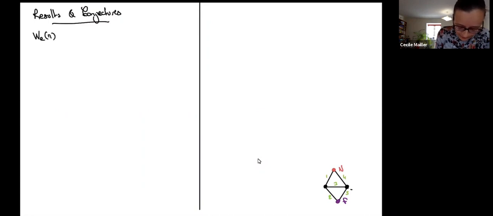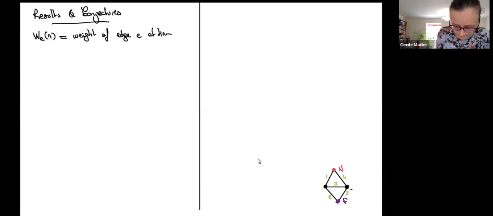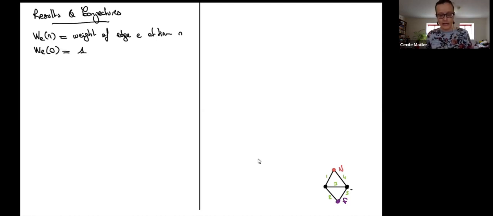I'm going to denote by W_E(n) the weight of edge E at time n. Just to fix ideas, the weight at time 0 was 1 by definition. And time n means after the nth ant has performed its walk and I've updated the weights.